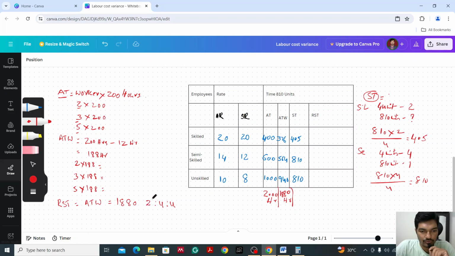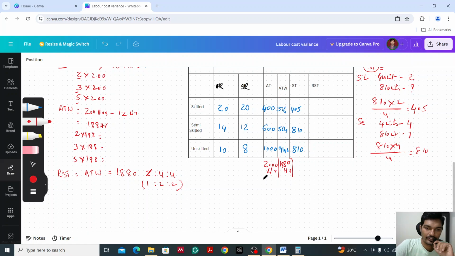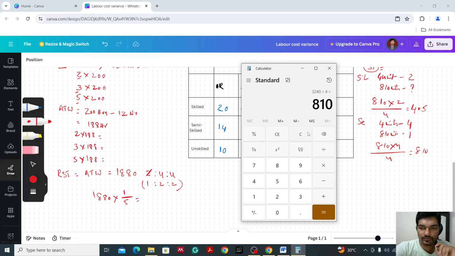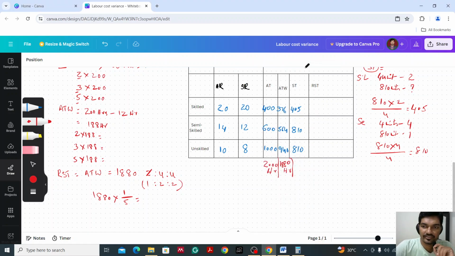If you do it as a ratio, 1 to 2 to 2. So according to this ratio, we need to allocate the hours. So let us allocate this: 1880 hours into 1 divided by 5. So 1880 divided by 5 we are getting 376.